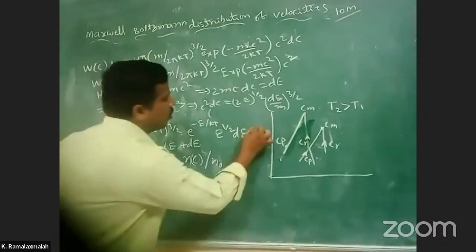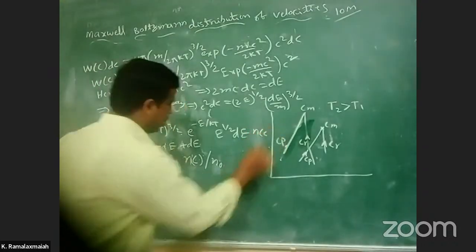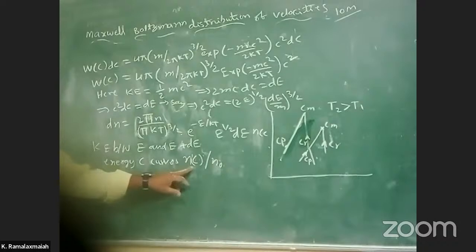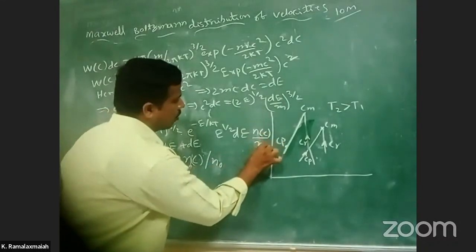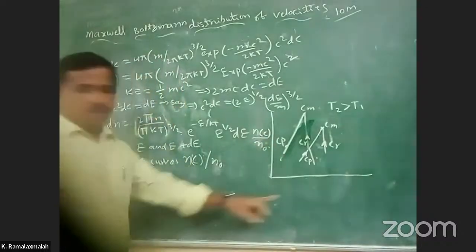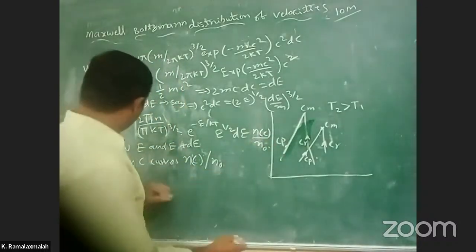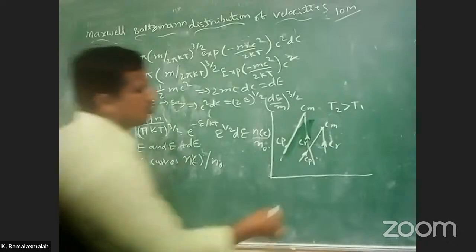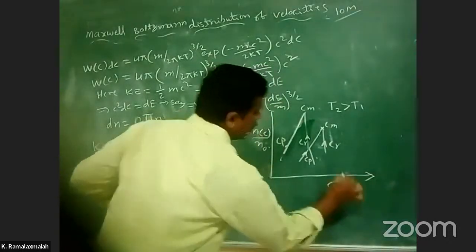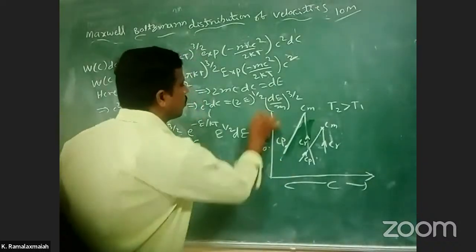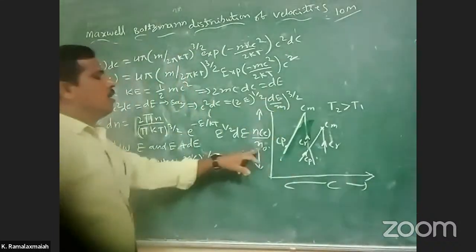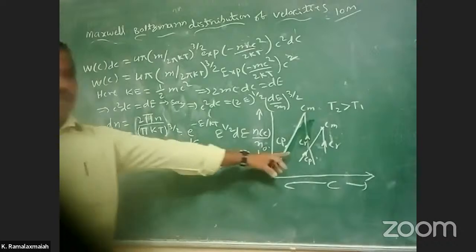Here we take the value n of c by n naught on the Y-axis, and c on the x-axis. So that is your diagram.